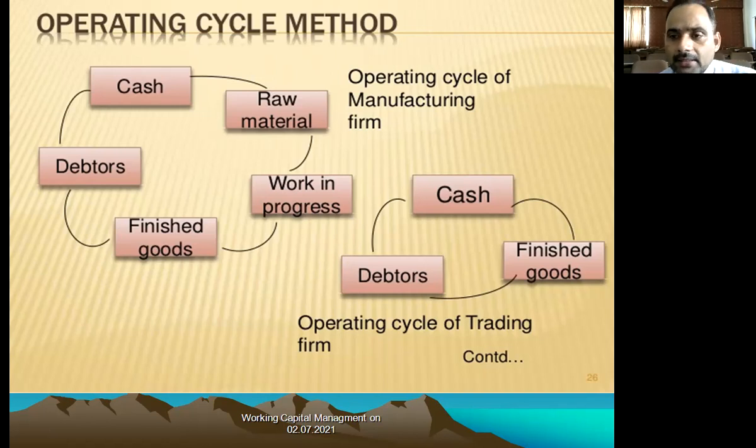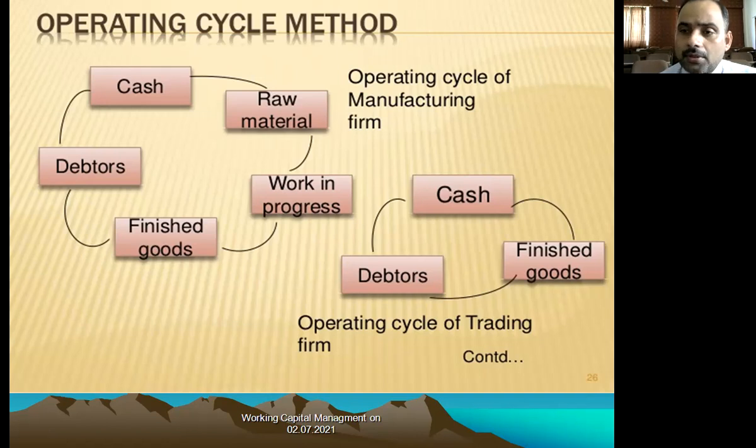Now, the second cycle you are seeing on this screen is on the basis of trading. What does trading mean? Trading means you are a supplier, or you just purchase the material and sell it. You don't go into production or manufacturing. You are just working as a trader. You take the material and sell it.